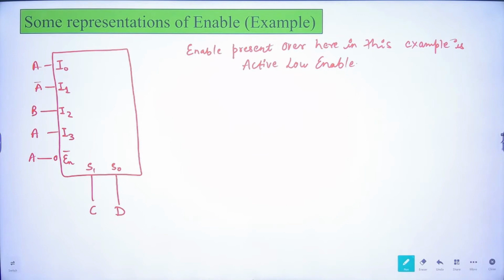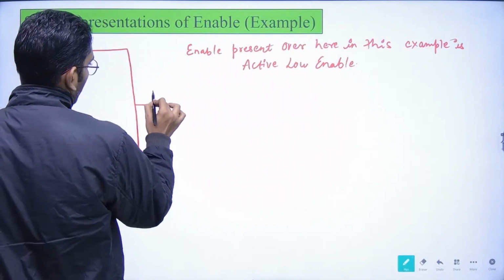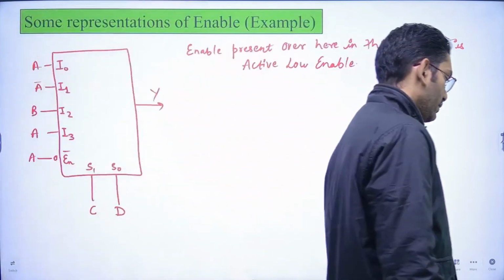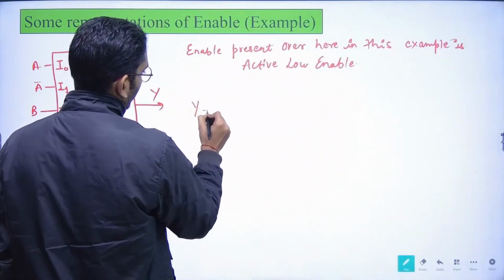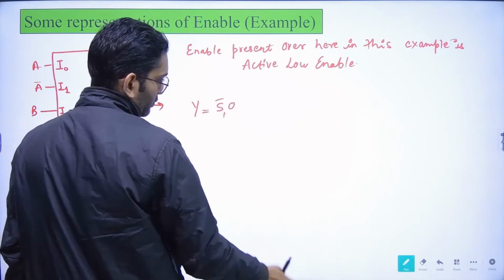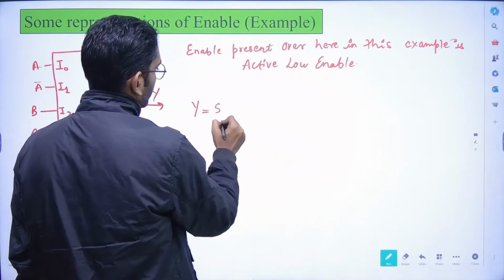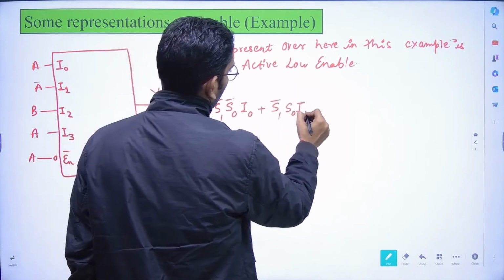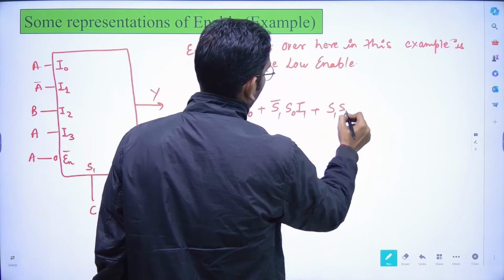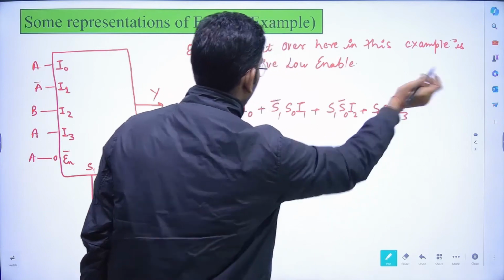The enable input is A. And one more thing, this is the output Y. Now when we have to write down the output equation Y, in the case of the 4x1 MUX, the general output equation is Y equals S1 bar S0 bar I0 plus S1 bar S0 I1 plus S1 S0 bar I2 plus S1 S0 I3.